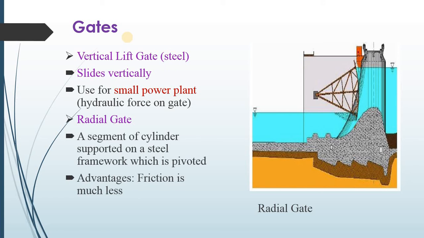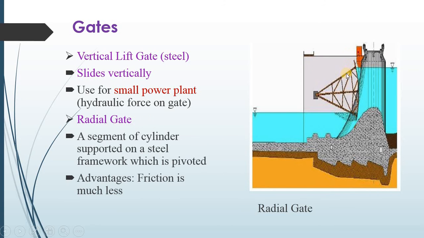So it is a simple type of gate that slides vertically. This is used for small power plants, as hydraulic forces on a gate are lower in the case of small power plants.